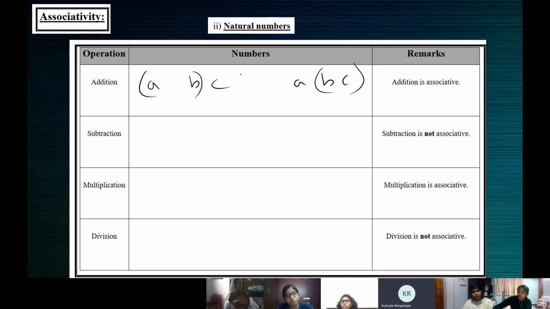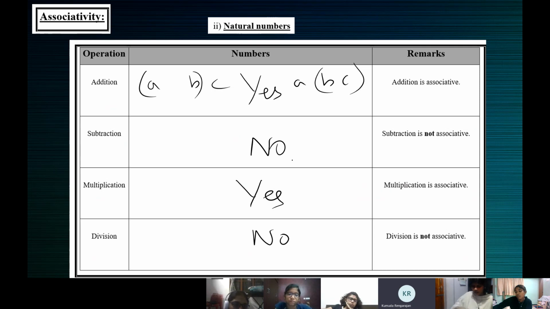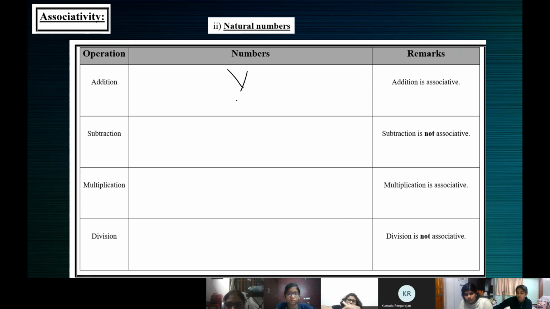You will see that addition is associative, subtraction is not, same as for whole numbers. Multiplication, yes. Division, no. For subtraction and division, when you group in different orders, the answer will not be the same. Addition, yes. Multiplication, yes. Subtraction, no. Division, no.